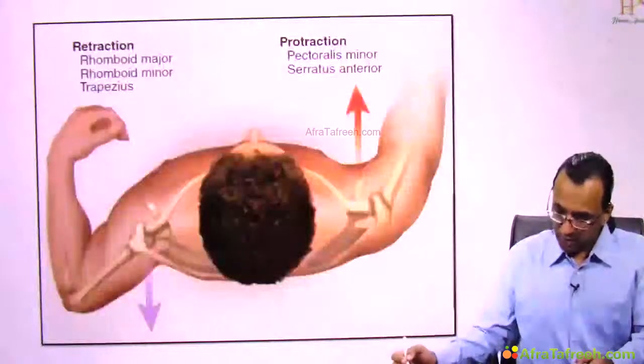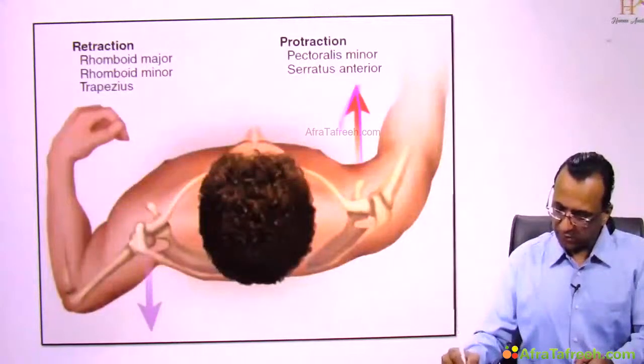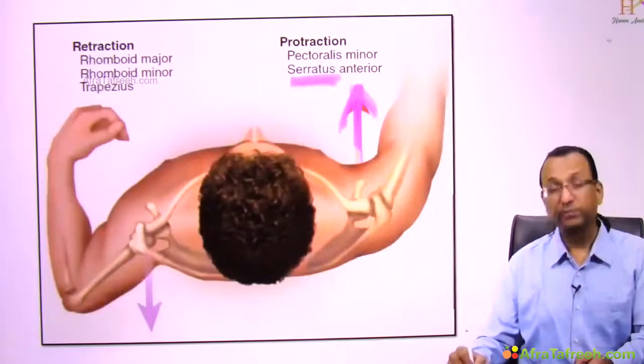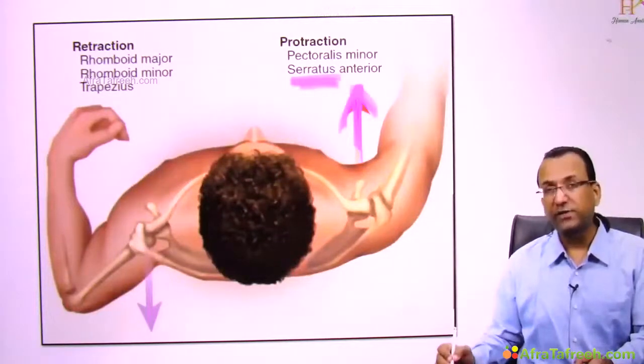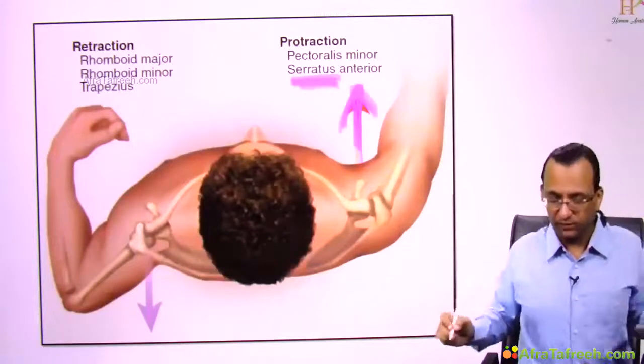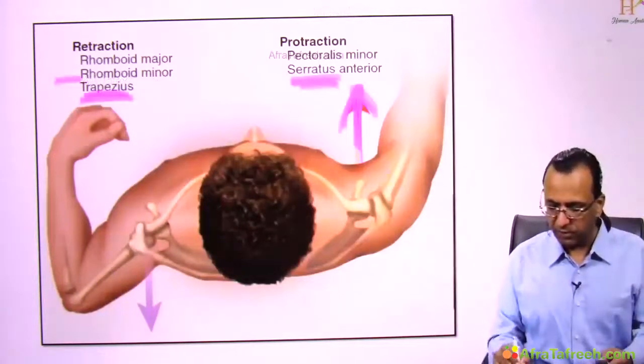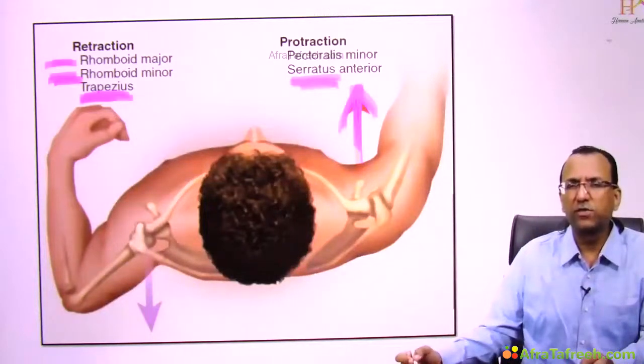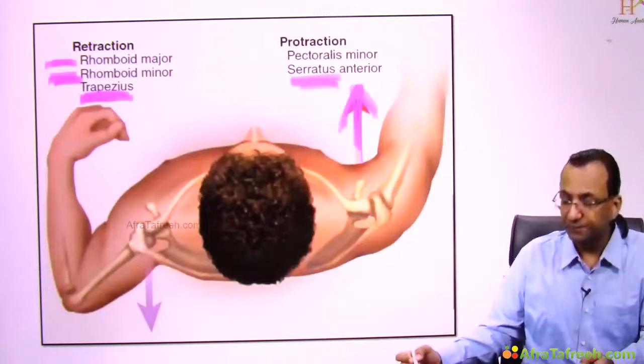Okay, you are telling that protractor was the pectoralis minor and serratus? Yes, protractors. The retractors are the dorsal muscles, the trapezius and rhomboid muscles. So this we have already discussed. It was just a revision, in fact.